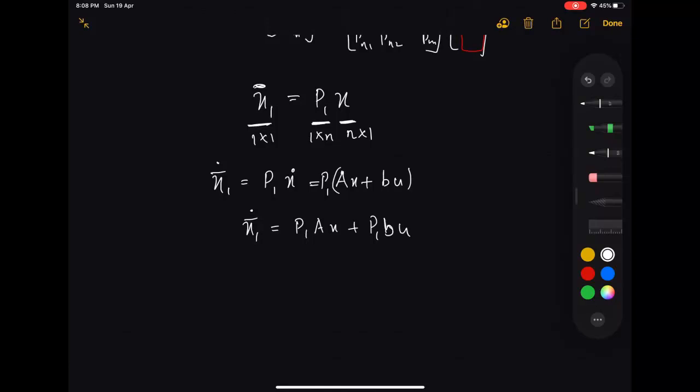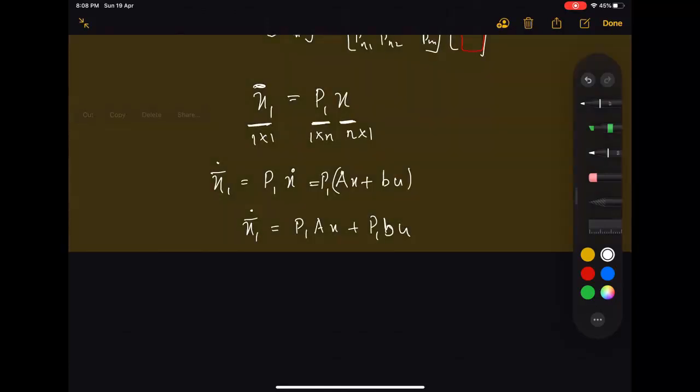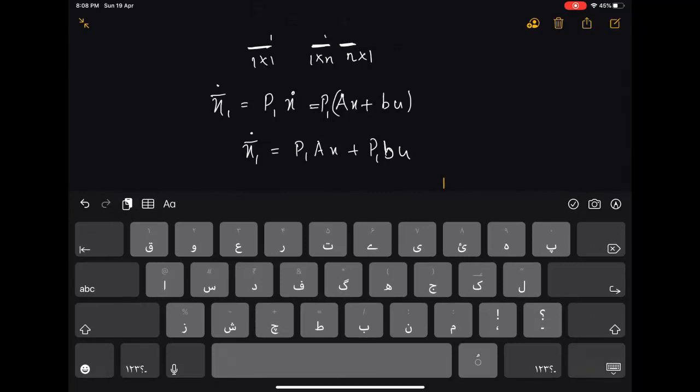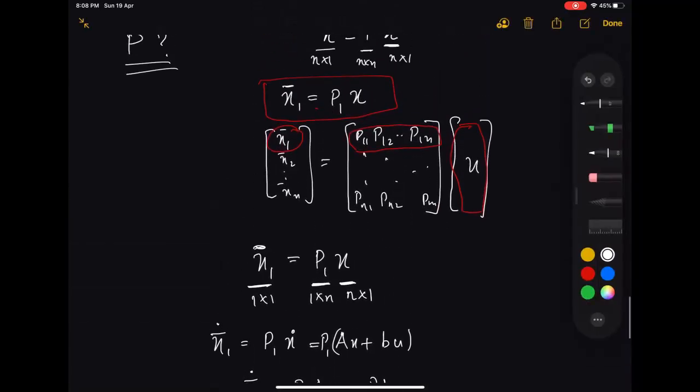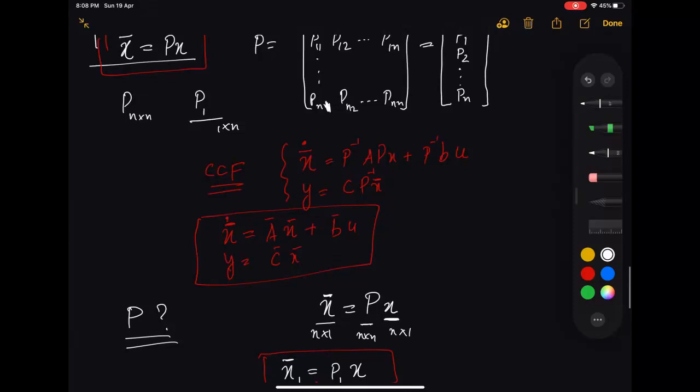And what is your x1 bar dot? You have already seen, you have already said that in x bar notation, in x bar state variables, your system is in controllable canonical form. So when your system is in controllable canonical form, that automatically means something about x1 bar dot. X1 bar dot has to be equal to x2 bar, right?